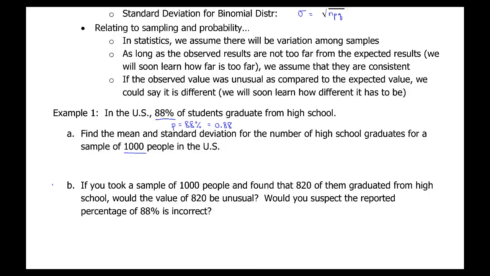A sample size, that's like a number of trials, that's going to be n. And the equation for mean for binomial distribution is mu equals n times p. So all we need to do is take n, 1,000, times p, which is 0.88, and we get 880 people.